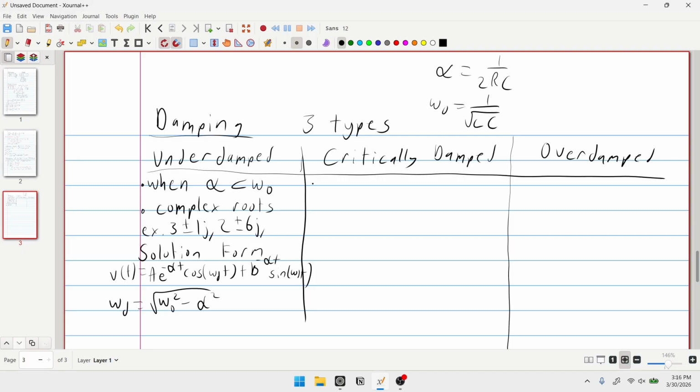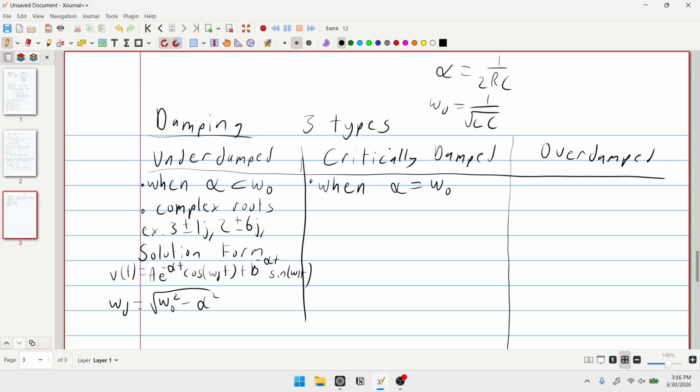So let's go on to critically damped. This happens when our alpha equals omega naught. The cool thing about critically damped is that this causes the circuit to go as quickly as possible to 0, or its resting point.